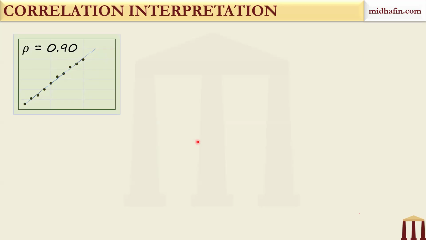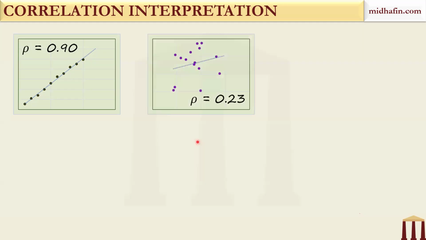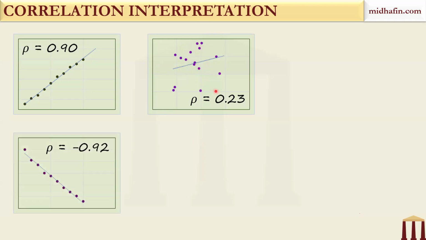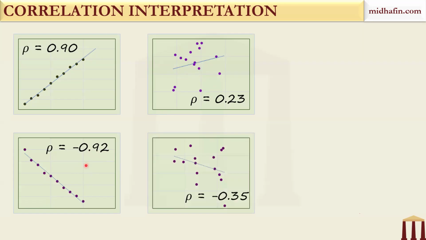So this is a very accurate representation of rho equal to 0.9. Very, very tight. But what if we have a low correlation? Positive, but low. So the line is still going up, but it's quite loose, right? The points are quite scattered here and there. Similarly, a very tight negative relationship will look like this, 0.92 negative. And a loose negative relationship will look like this.